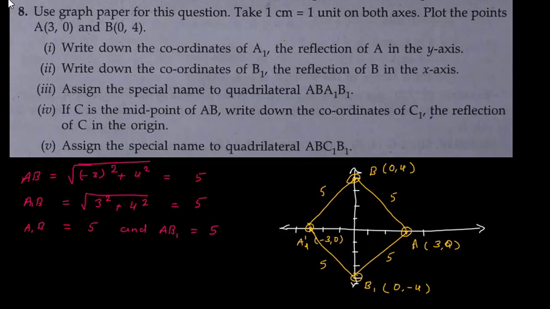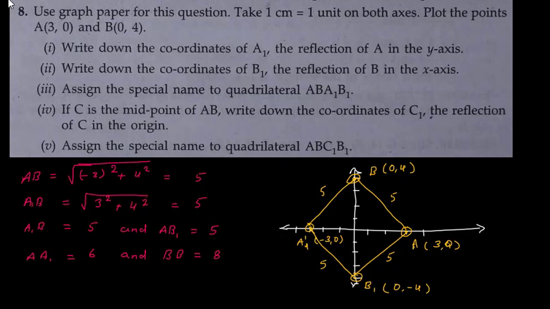Now the diagonals, if I see what is AA1. So here it is along the x-axis only. So AA1 is 6. And if we see this BB1 is 4 plus 4, it is 8. So all the 4 sides are equal, and diagonals are not equal.